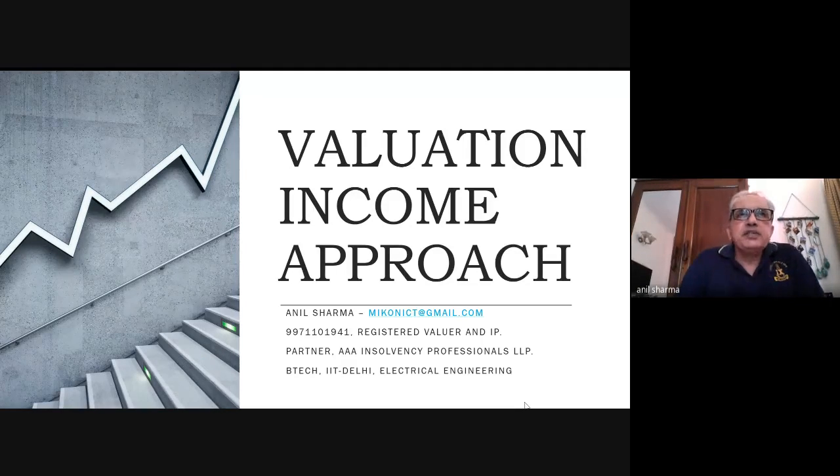The premise of this method is that the valuation of the asset should be based on the income generating capability of the asset, right? Yesterday we looked at the cost approach, where we calculated the replacement cost new of the asset and then depreciated it with all possible depreciation to get the current valuation.